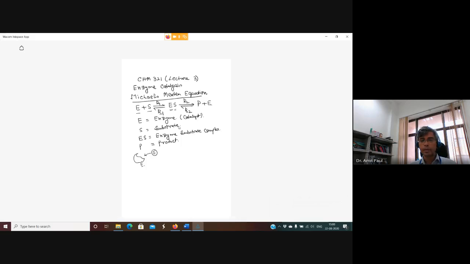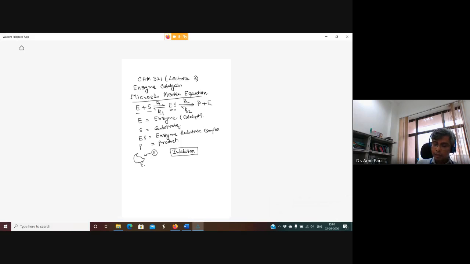Now in biological systems, we'll also hear a lot about this term inhibitor. Inhibitors are basically something very similar to the enzyme sites where the substrate binds, but they are not able to come out as the product, and as a result that decreases the rate of the reaction in a biological process.